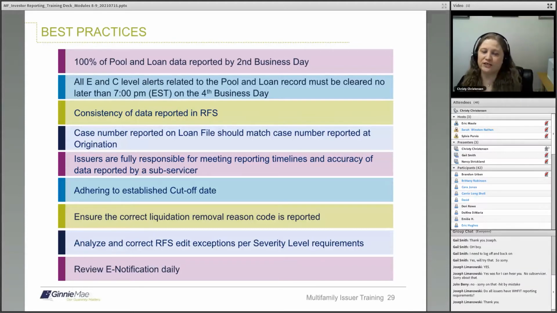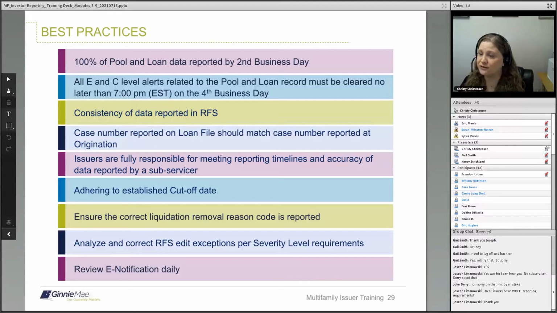Sarah, could you please turn on the Annotation Tool? Could everyone please place a sticker on the practice that you think is most important? Okay.